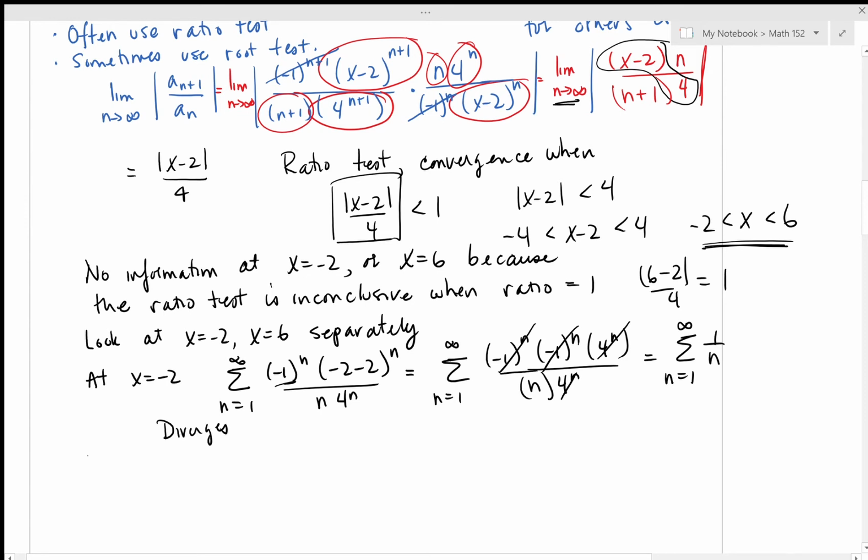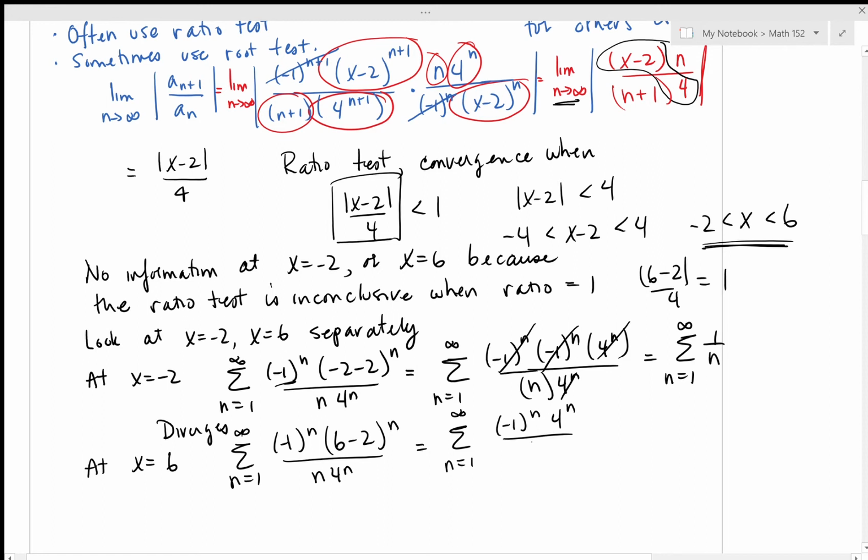Okay, then I take a look at the other endpoint. That is x equals 6, and I do exactly the same thing. I get the sum from n equals 1 to infinity of minus 1 to the n, and here instead I get 6 minus 2 to the n over n times 4 to the n. We need to be really careful with the minus signs, because here I just get minus 1 to the n, 4 to the n over n times 4 to the n. This cancels out, and I have the series from n equals 1 to infinity of minus 1 to the n over n.